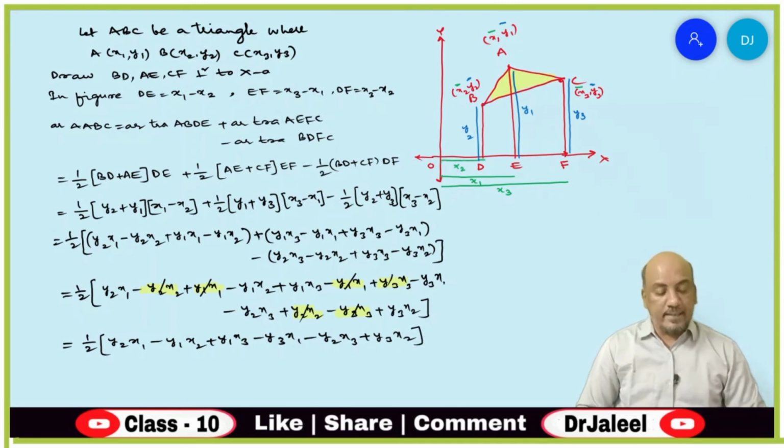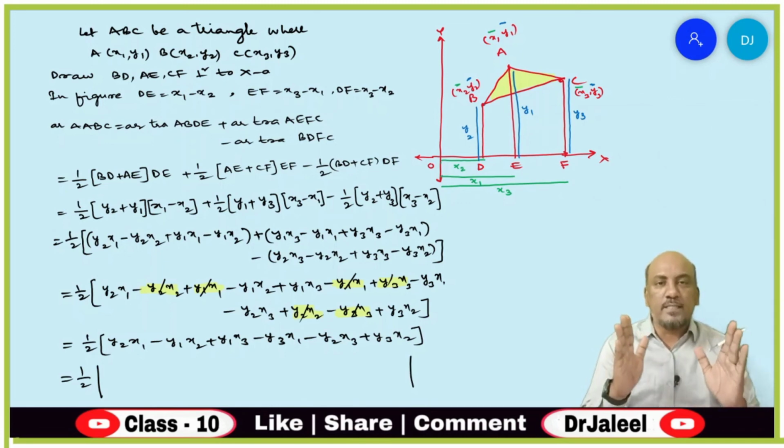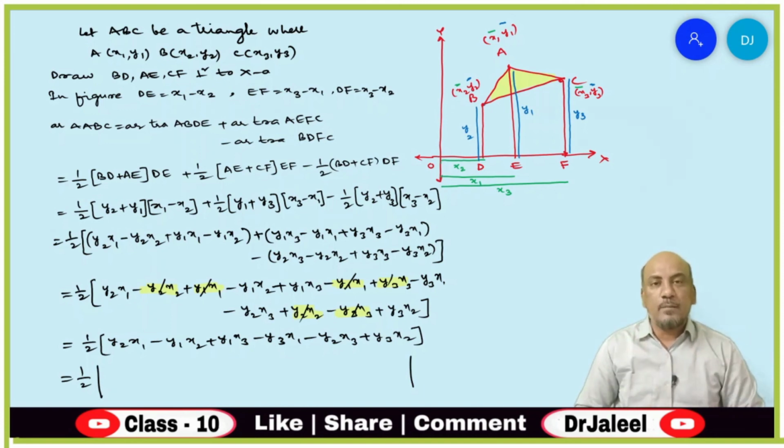So here children, in this triangle, these coordinates x1 y1 x2 y2 x3 y3, they can be positive or negative, but the area will not be negative, area will have to be positive. That is the reason now we will change these brackets into absolute value, that is modulus. Modulus means whatever it comes in between that, whether it is negative or positive, will be considered as positive.